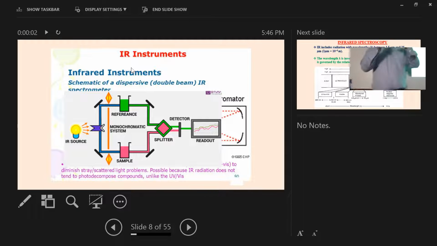Now if you give some IR light and you are changing the wavelength continuously, that means you are generating light from this source, and your molecule is continuously vibrating. Now you are changing the light wavelength, that means we are giving different energy. Sometimes we are giving light with a very long wavelength, sometimes a very short wavelength.